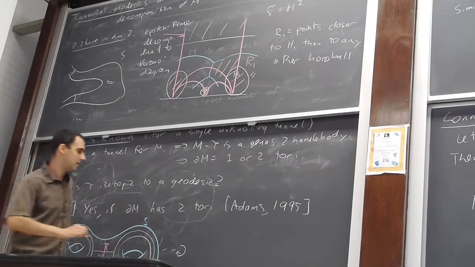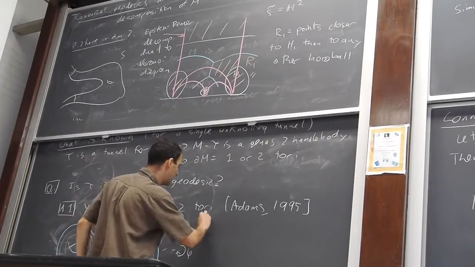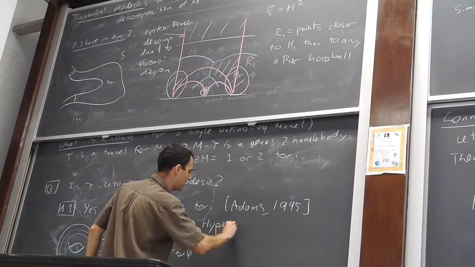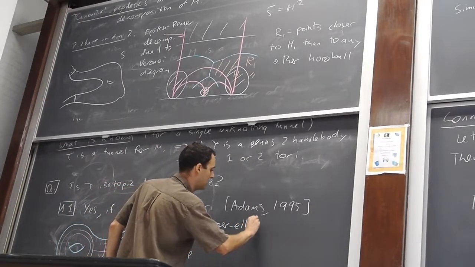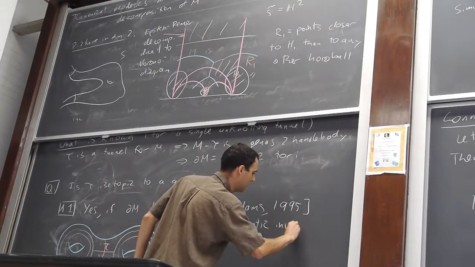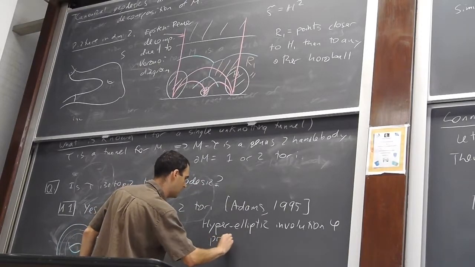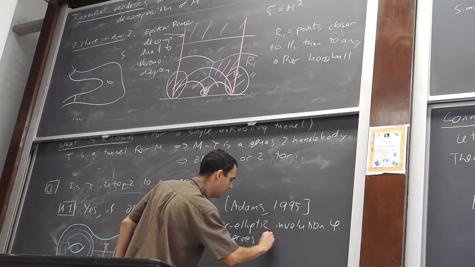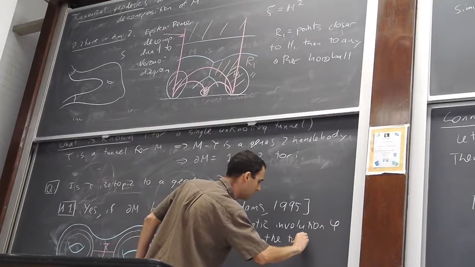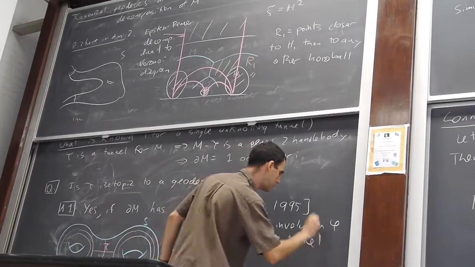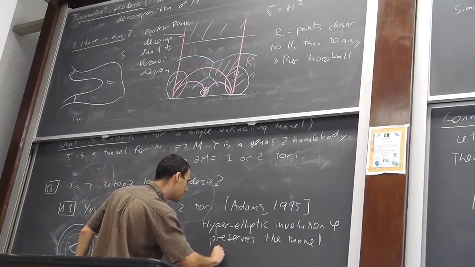So that means that phi, the hyperelliptic involution, preserves the tunnel pointwise.